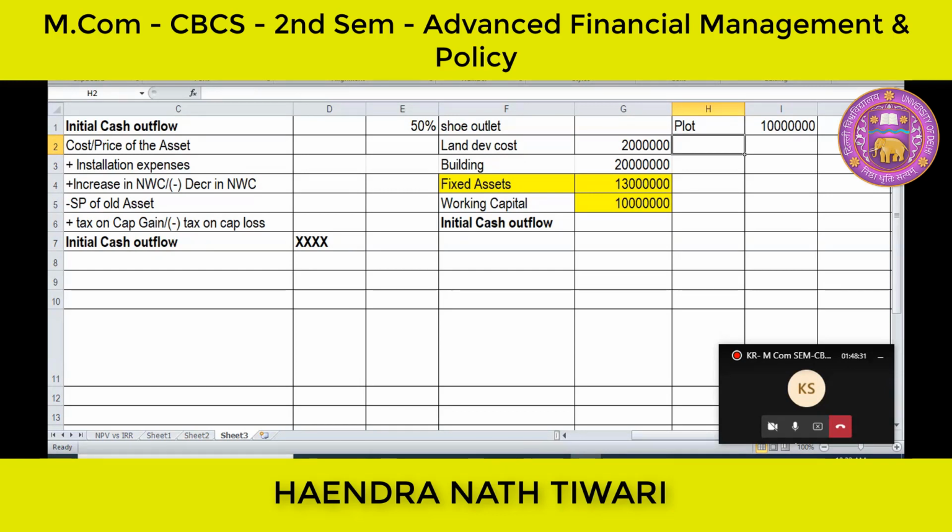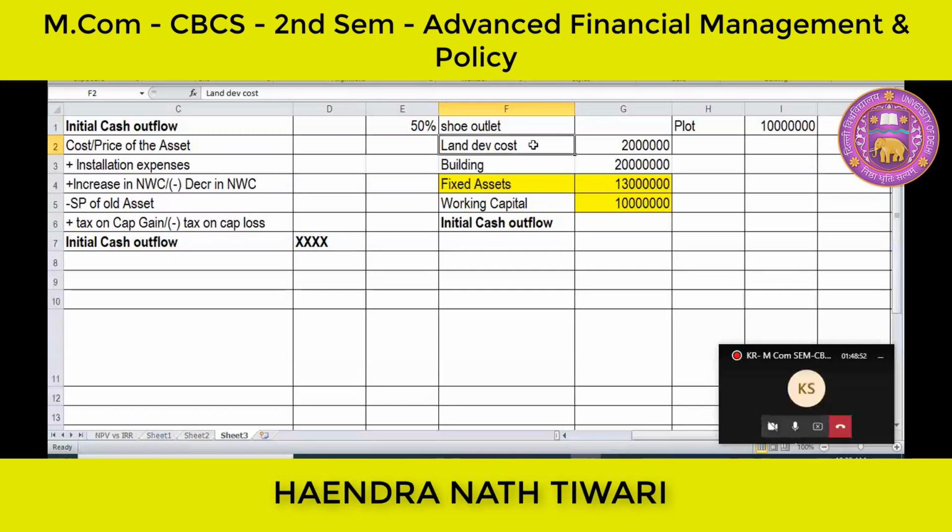I repeat the situation. You have a plot worth 1 crore in the market. 50% of the same you have occupied for residential purpose. 50% of the other part of the plot is remaining idle, of no use right now for you. You decided to open a shoe outlet over there.